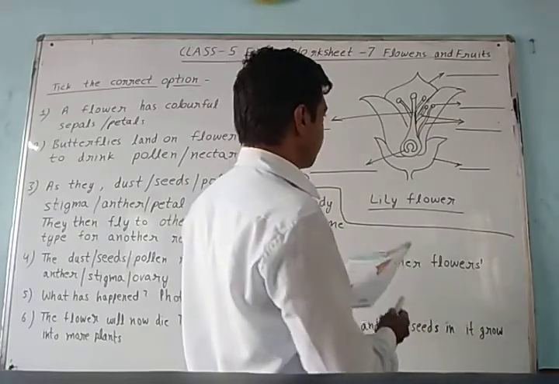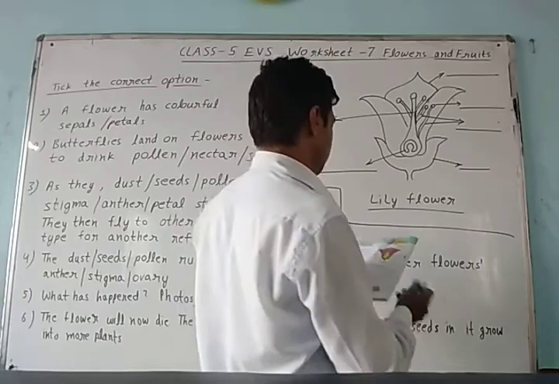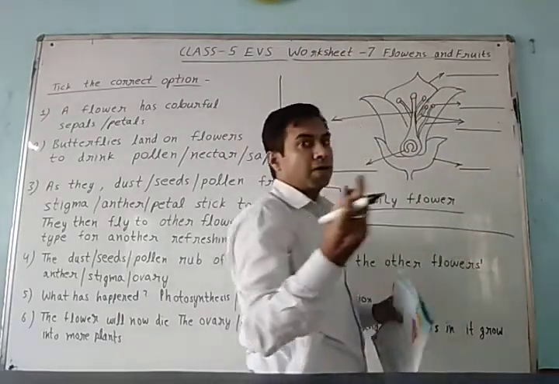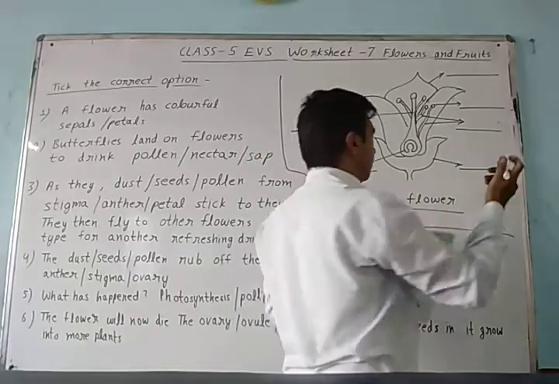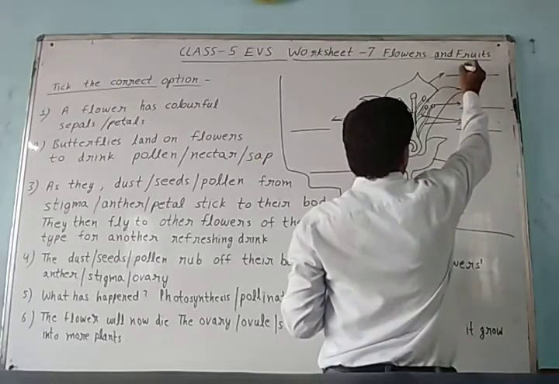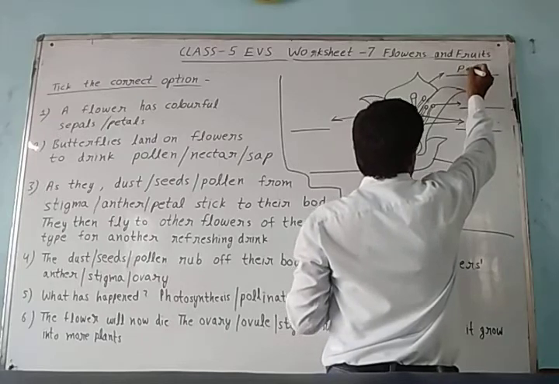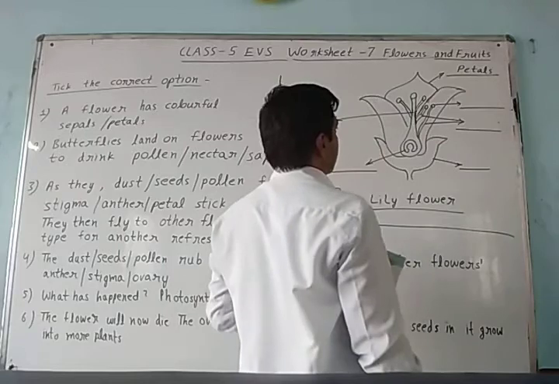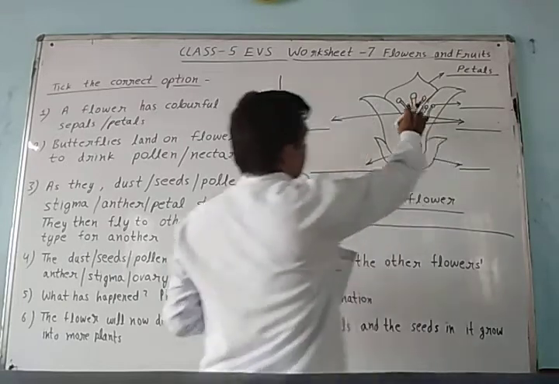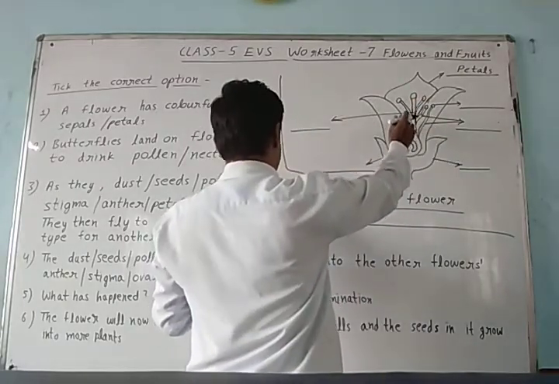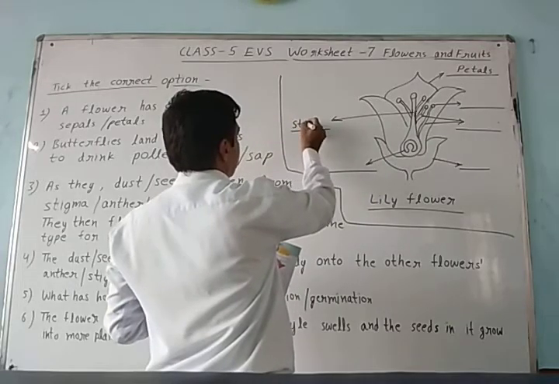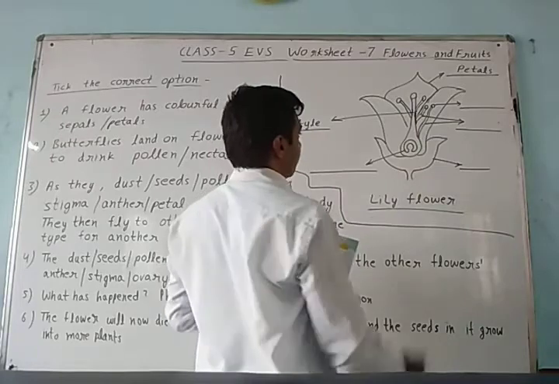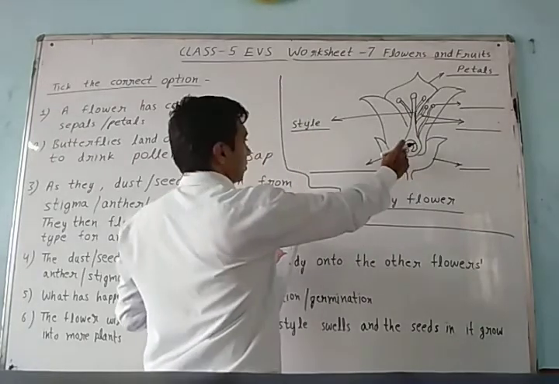So students, this colorful part of a flower is called petals. Now this central part, this tube-like structure, is known as style. And students, this is the ovary.